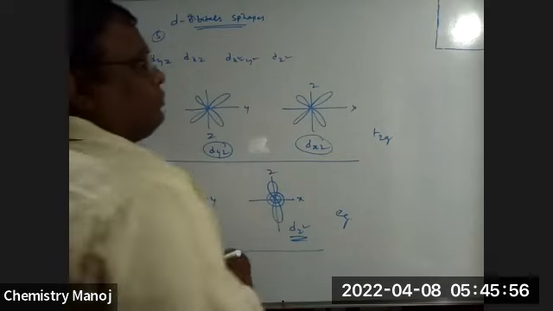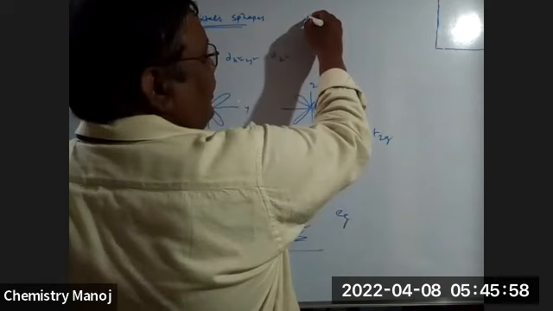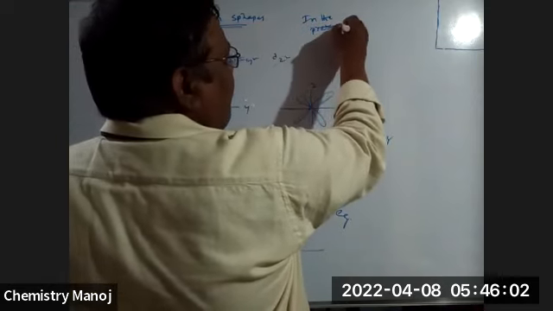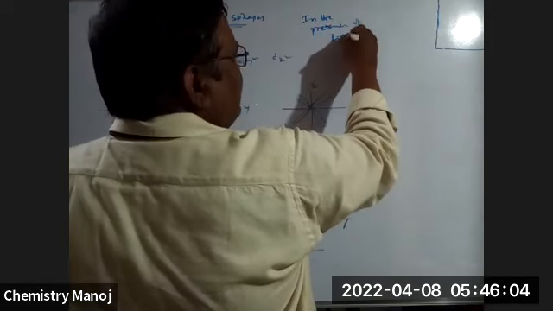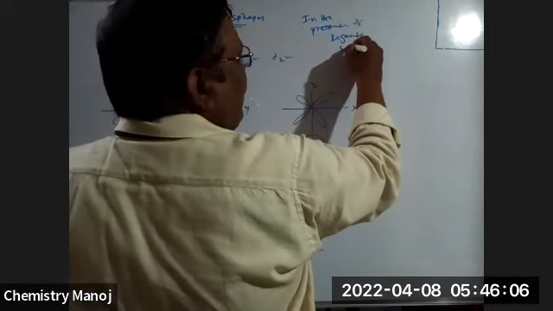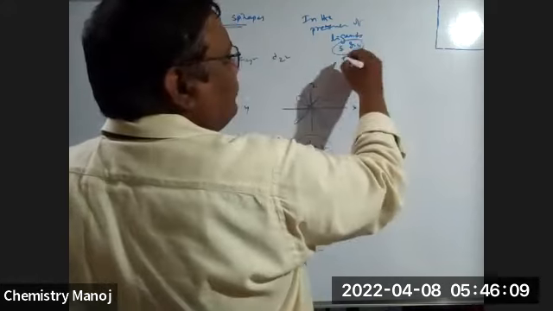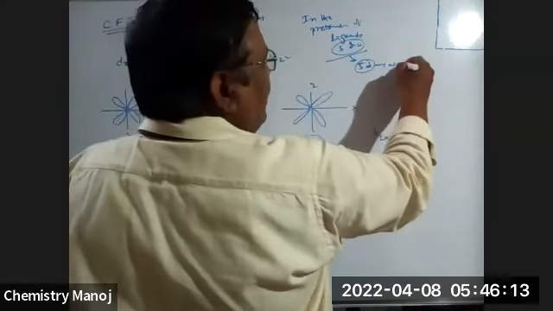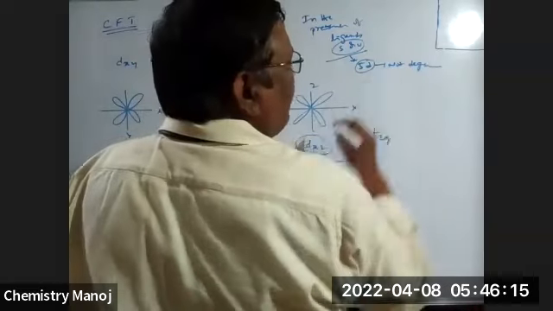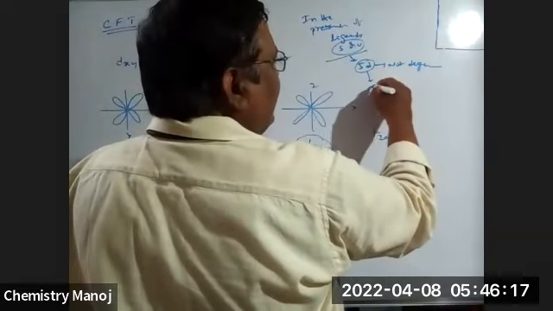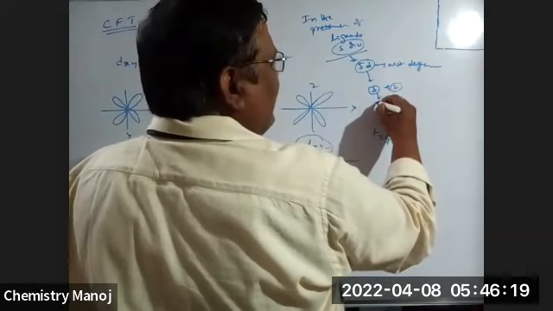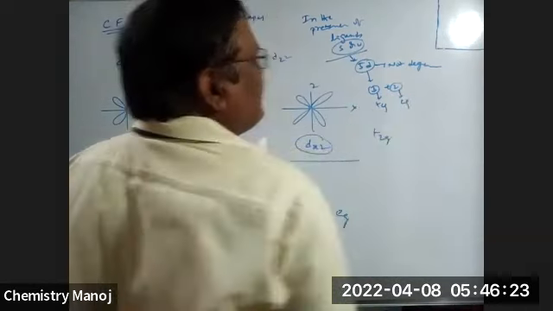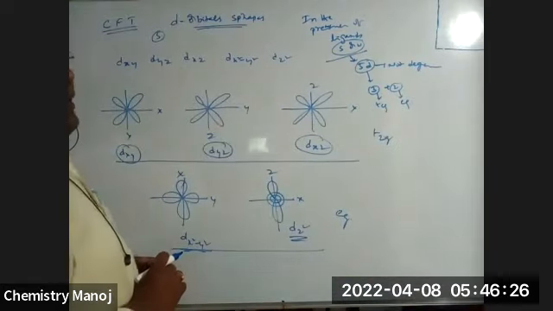Yes, sir, there are no doubts. So, in the presence of ligands, either strong or weak, whatever it is, the five d orbitals are not degenerate. They break down into three plus two. These three orbitals are t2g orbitals, and these two orbitals are eg orbitals in the presence of ligands.